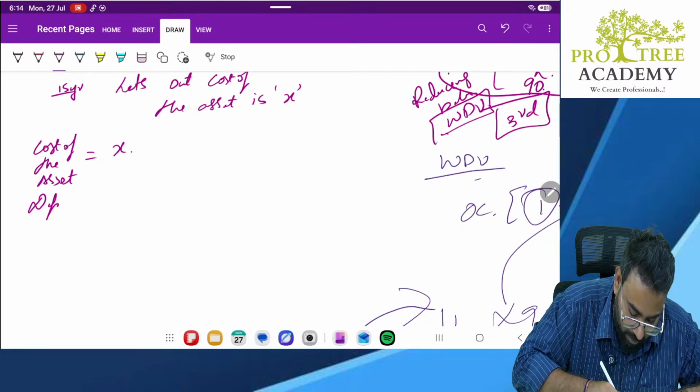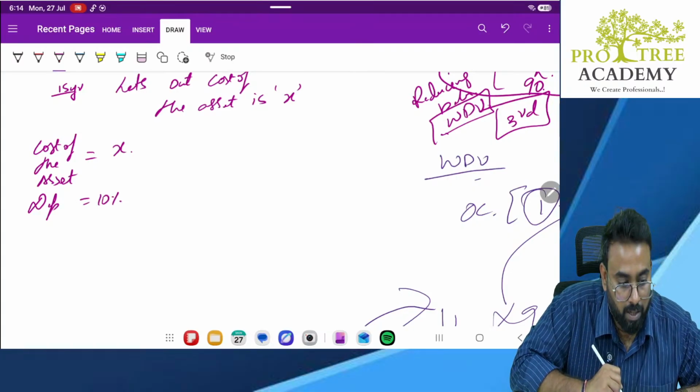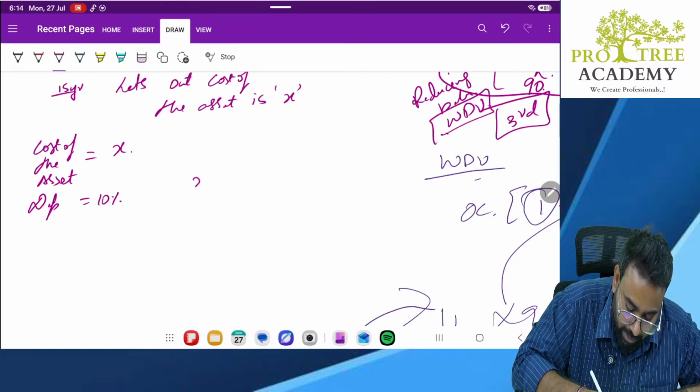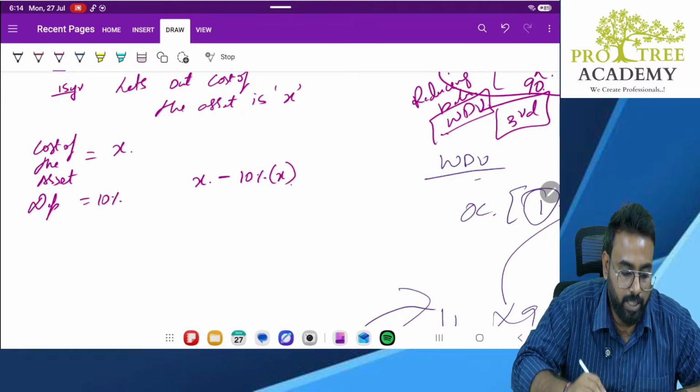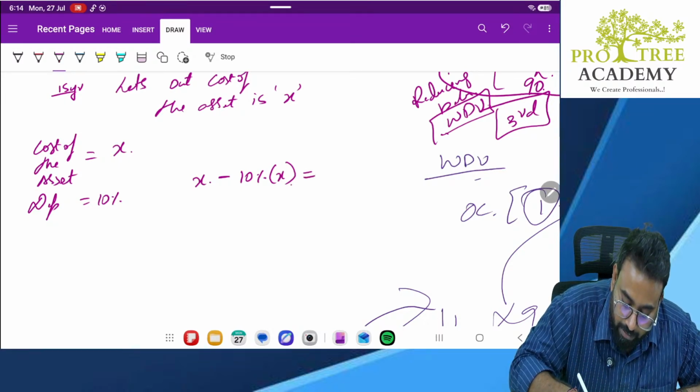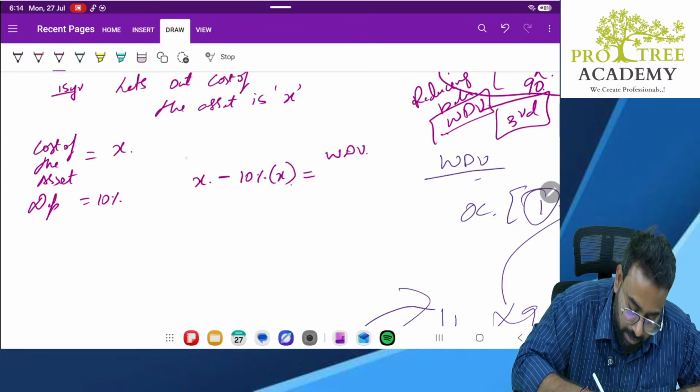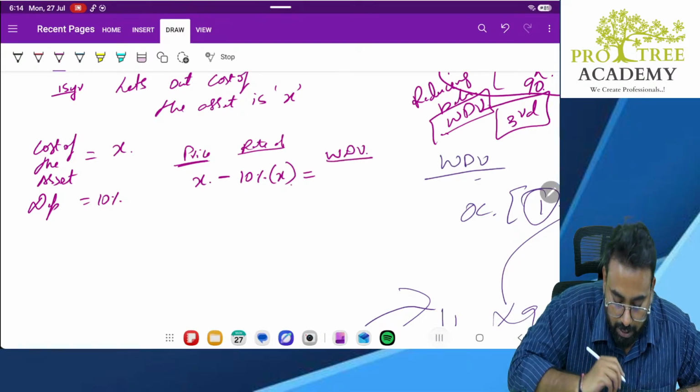Now, what happens in the first year? X is my cost of the asset minus depreciation, 10% on X. Correct? 10% on X means 10% into X. That will give us the closing WDV. This is the price, this is the rate of depreciation, and this will give us WDV.